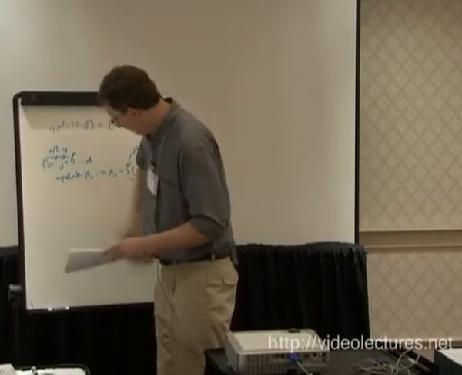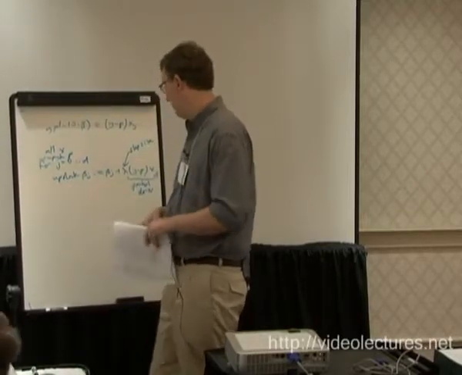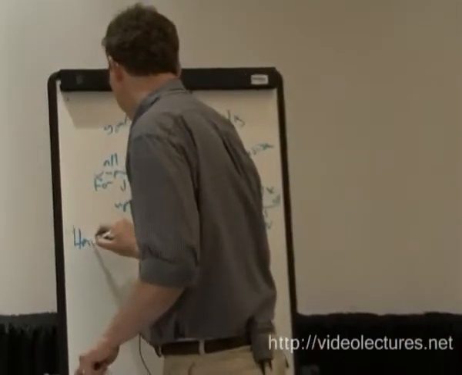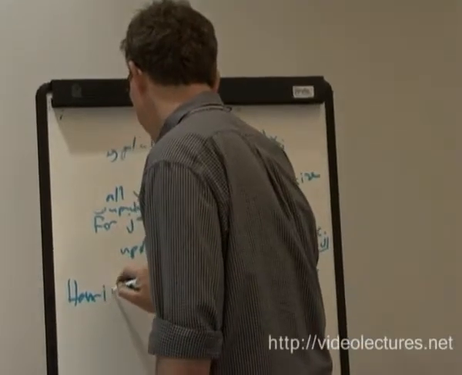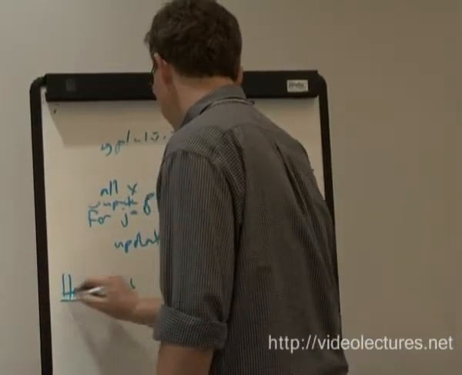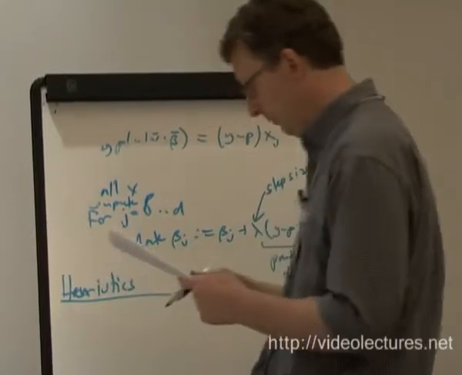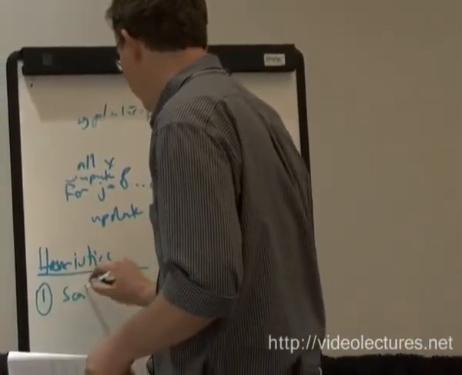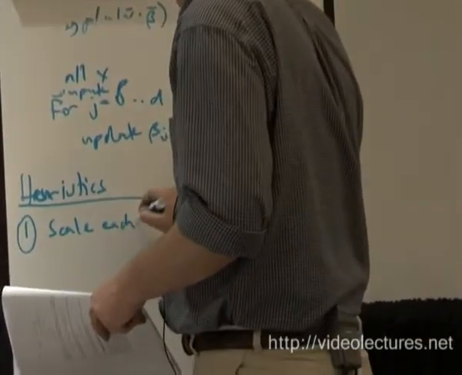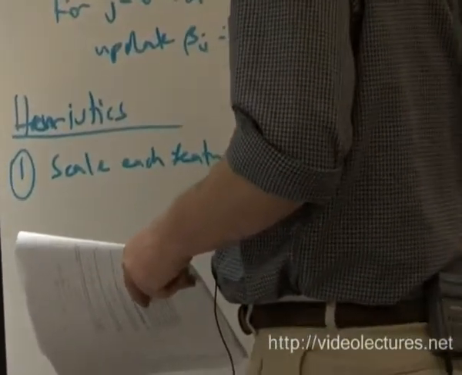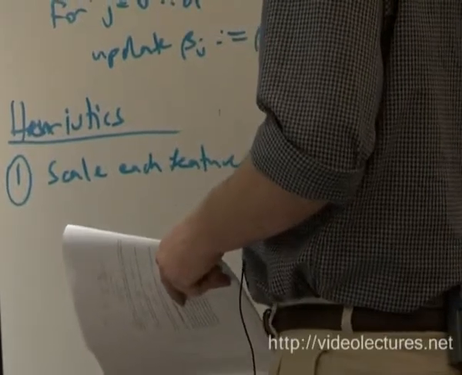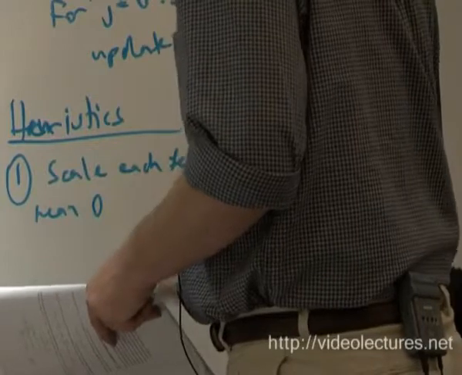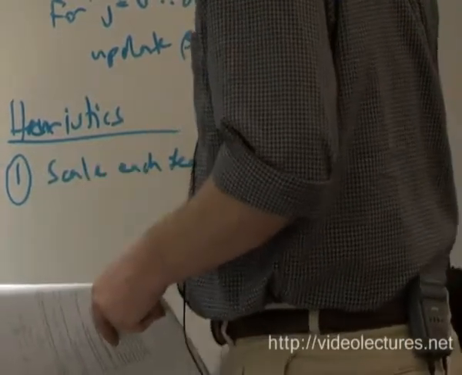So this is the algorithm. Now I'll mention some heuristics that make it more useful in practice. Maybe the most important is to scale each feature xj to have the same mean, say 0, and variance.